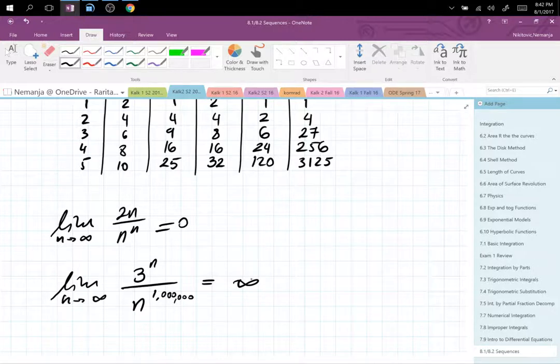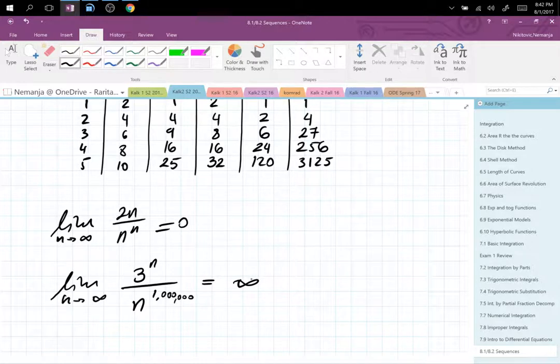So these are some of the introductory points. You have to remember that a sequence is an ordered list of numbers. Ordering is done with n, which is the counting set, 1, 2, 3, 4, 5, and so on. You have formulas, you have recursions, you have words.